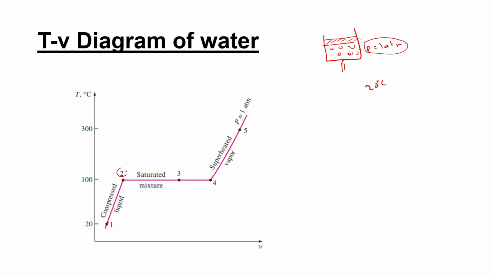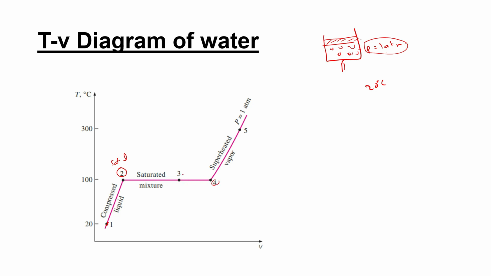Initially this is the saturated liquid state. You can see that temperature will not change during the phase change process, because when you supply heat, all this heat will be used to break down the molecular bonds. So temperature will not increase. Finally it will reach the state 4.